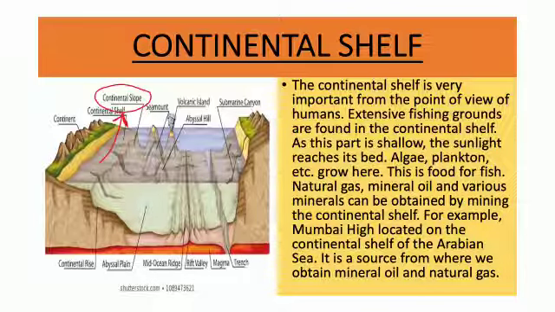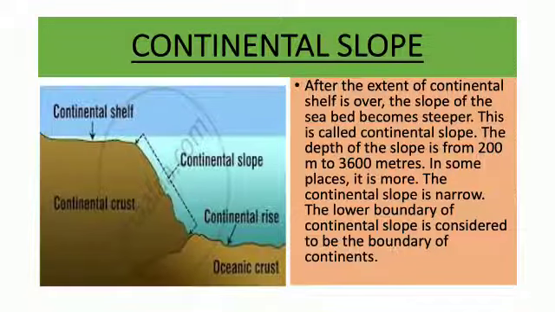Now the next part, that is continental slope. After the extent of continental shelf is over, the slope of the seabed becomes steeper. Children, it is indicated in the diagram. You can see the diagram on the screen that the slope of the seabed becomes steeper after the continental shelf, and this is called continental slope.